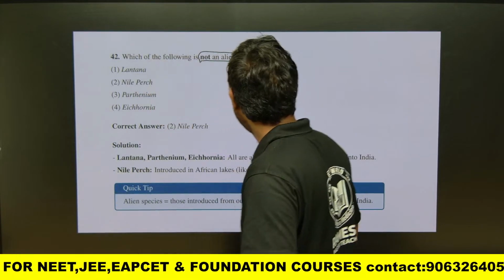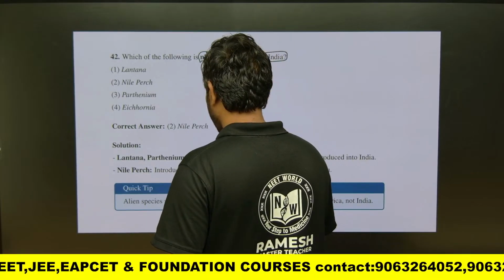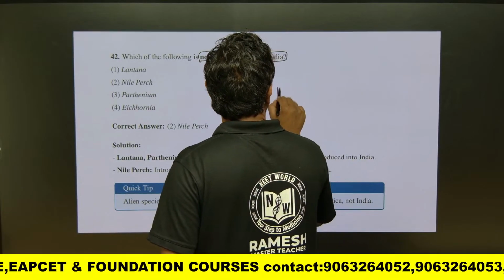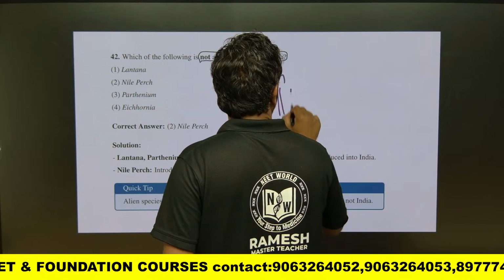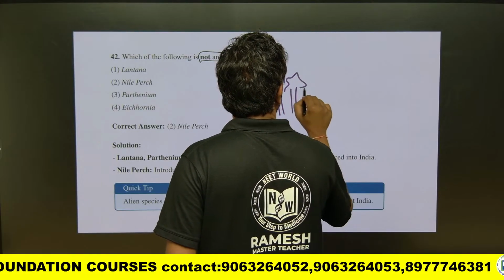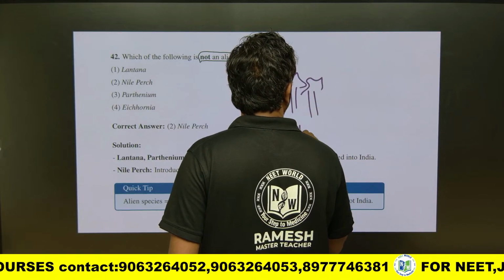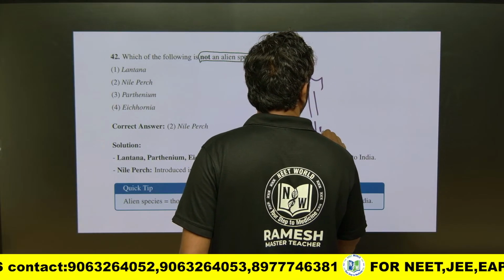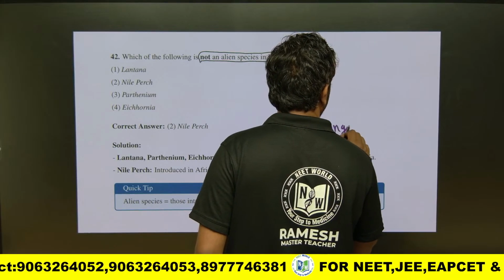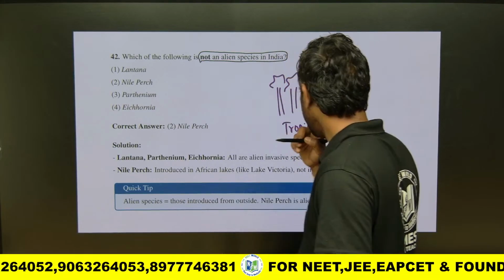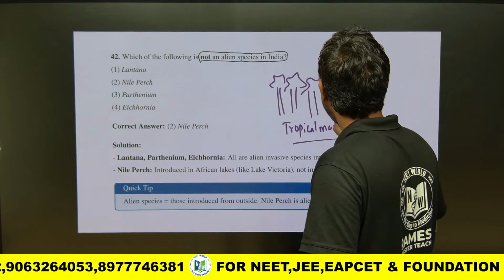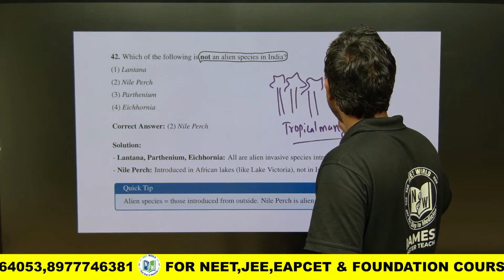Look here. Alien species: there are certain mango trees, the tropical mangoes, and in India tropical mangoes are there in the tropical area.